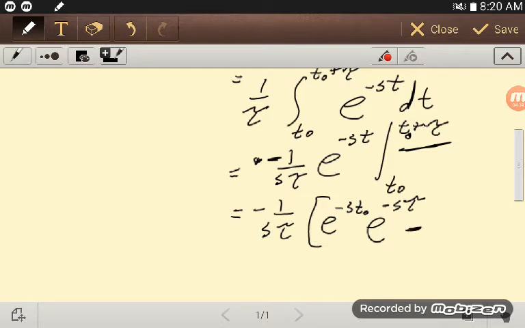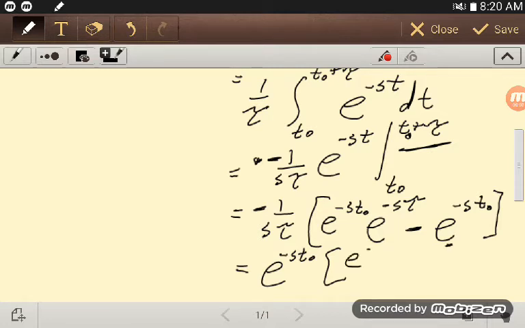And then minus e to the minus s t0, like that. All right, so we can factor out e to the minus s t0. And what we have left, we've got this negative here, so I'm going to put that back in, so I'm going to make that term positive.